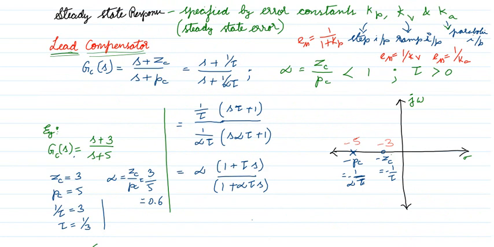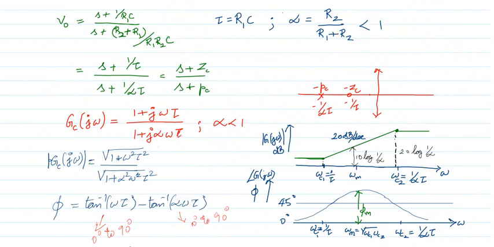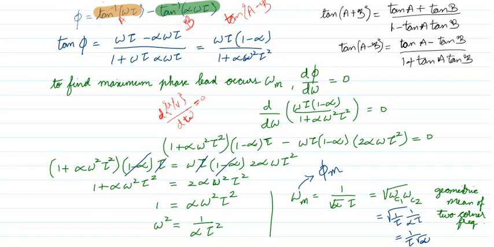You multiply them and take the square root, which we call the geometric mean. Square root of omega c1 times omega c2, that way also I can get omega m. Remember, omega m is the frequency at which the maximum phase angle occurs.